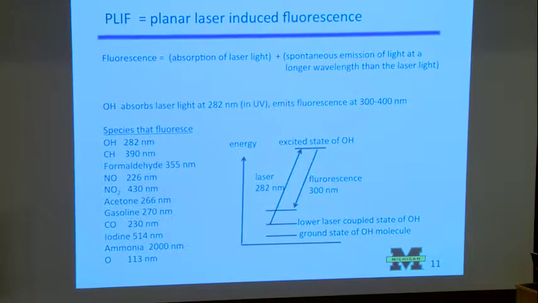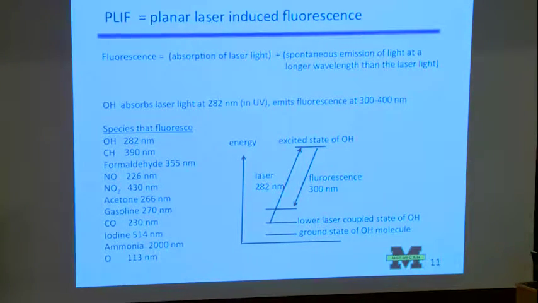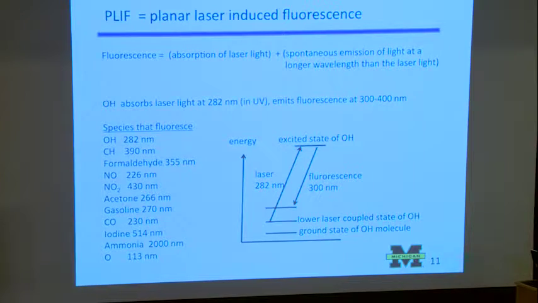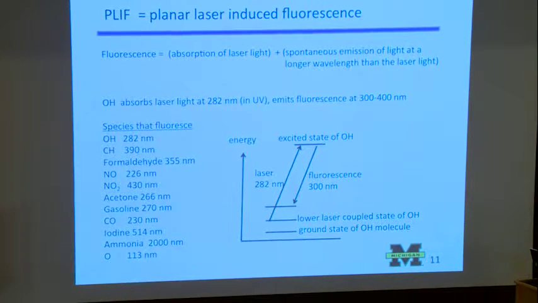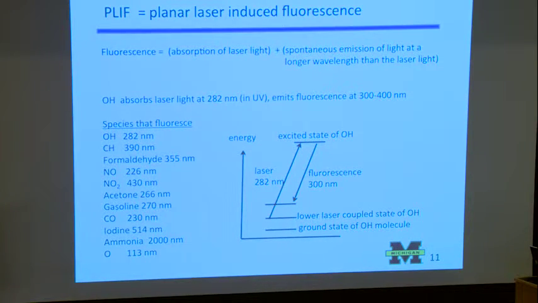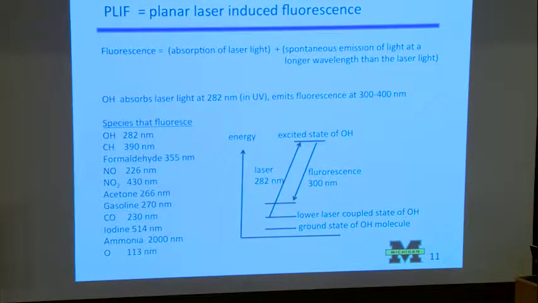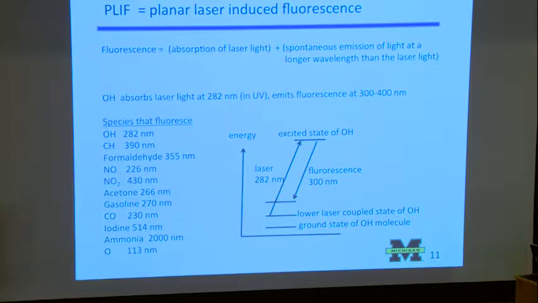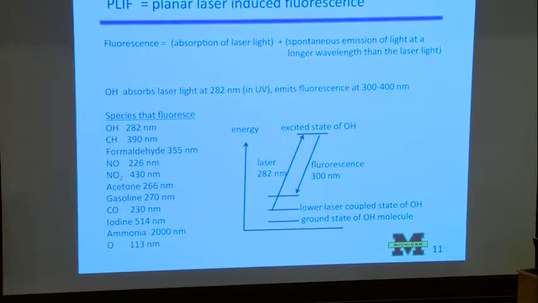But as you can see, the light coming out has to be at a longer wavelength because the energy of the photon coming out is less than the energy of the photon going in. And energy and wavelength are inversely related.